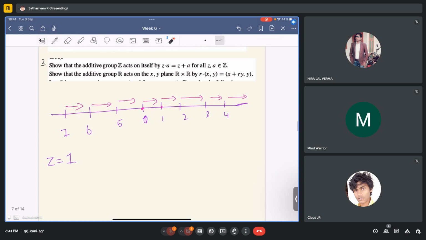When the group acts on these elements, something happens to the elements, and that is what we call the action. In this case, the action is translation. If Z is 100, you are moving 100 steps, or if Z is 2, you are moving 2 steps. So this action is translation.